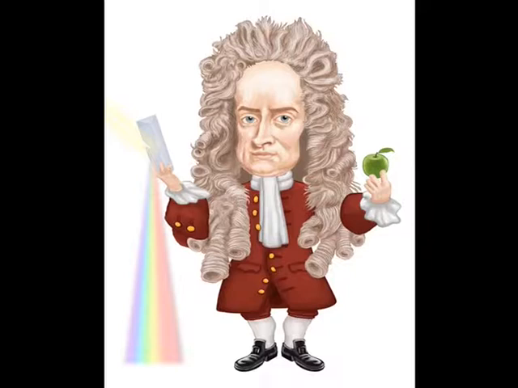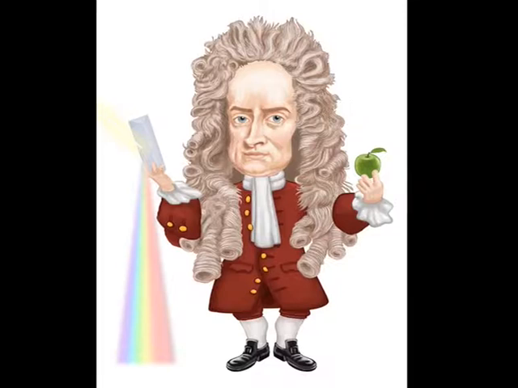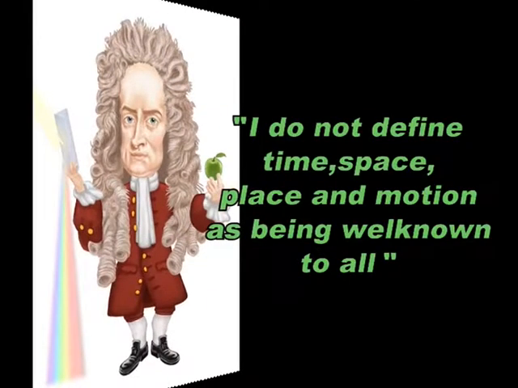These ideas were skipped over by Isaac Newton with "I do not define time, space, place and motion" as being well known to all. Einstein's paper then demonstrates that the absolute time and length independent of motion were approximations.